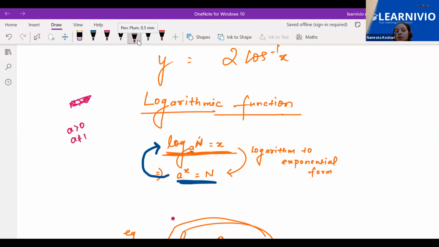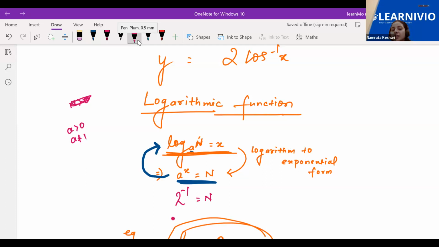Now you think about it. If you take any number larger than 0, decimal or non-decimal, a whole number, integer, anything for a. Let's say you are taking 2, and maybe you take the power x as negative.